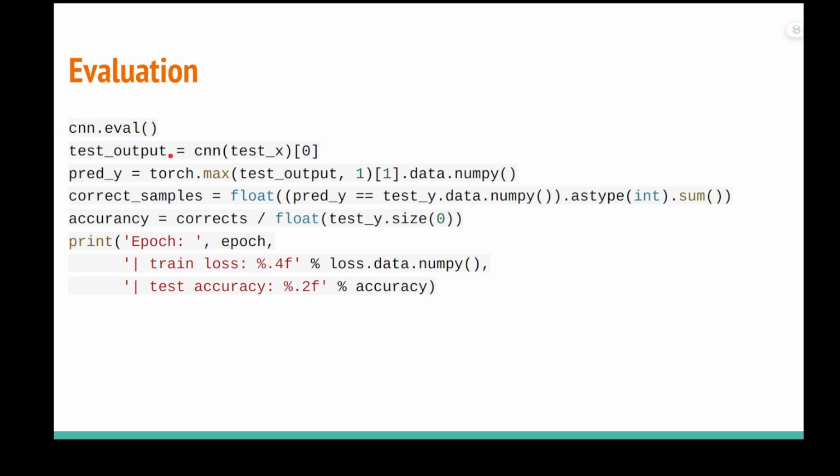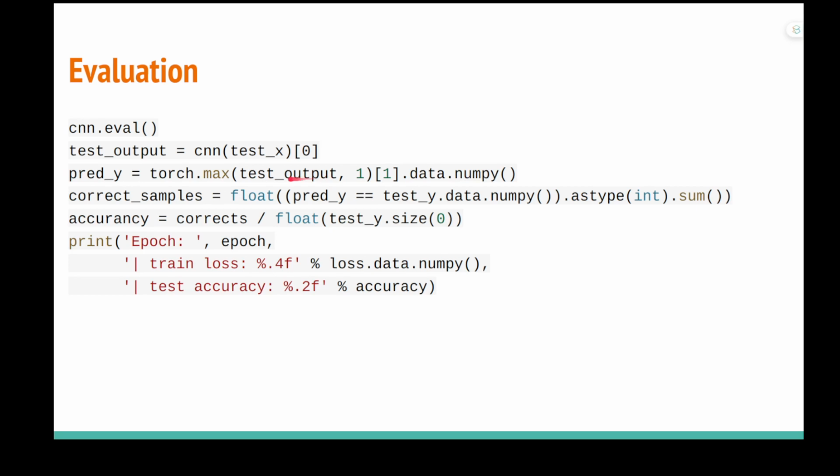Okay, this is the same as the training loop. We get a batch of test data from the test set, and we go through the model and get the test result. But this time, we will not use those functions. We are using the function to produce the predictions. Here we just get the maximum value of the test output, because the test output will be an array of probabilities for each class.